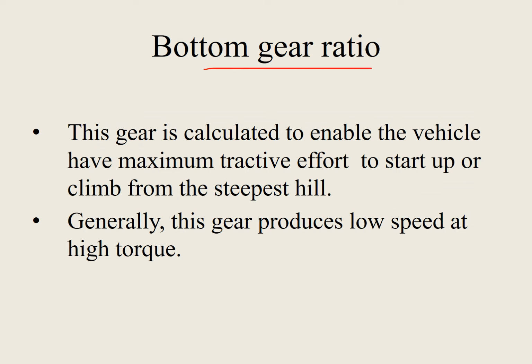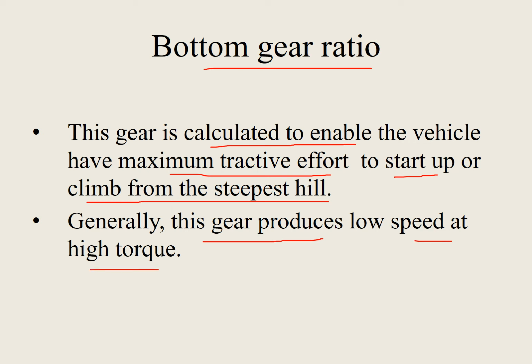And for bottom gear ratio, this gear is calculated to enable the vehicle to have maximum tractive effort. The maximum tractive effort is used to start up or during climbing a steep hill. Generally, this gear produces low speed at high torque.